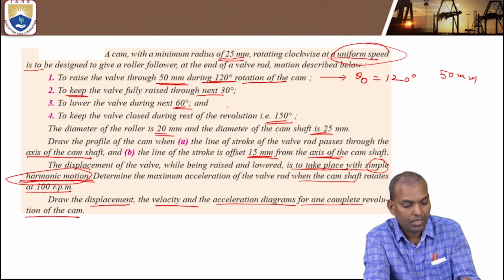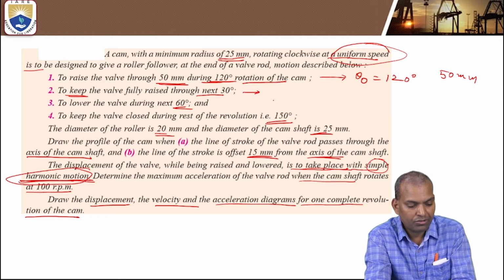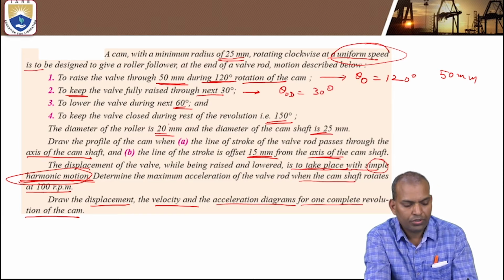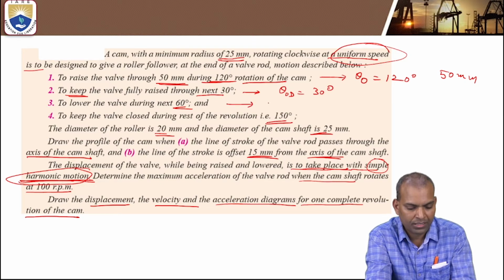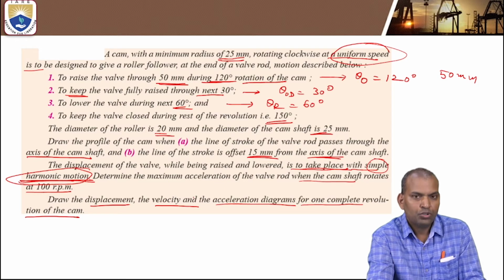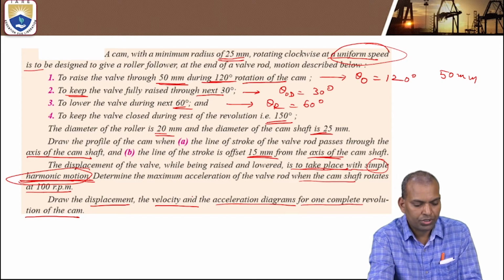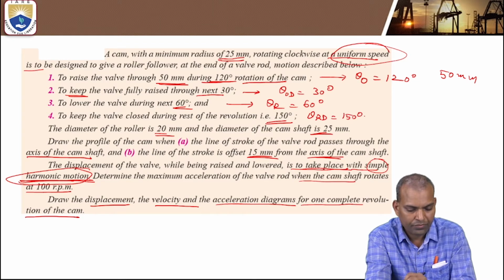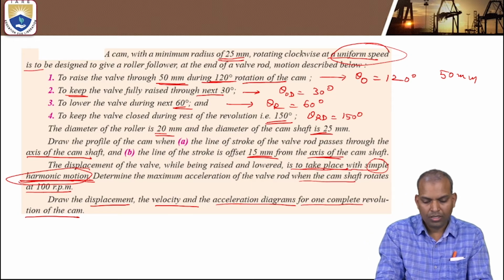This is the data. To keep the valve fully raised through the next 30 degrees, that is the dwelling stage. Theta outstroke dwell is 30 degrees. To lower the valve during the next 60 degrees, the lowering is the return stroke. Theta return is 60 degrees. To keep the valve closed during the rest of the revolution, that is theta return dwell, equal to 150 degrees.